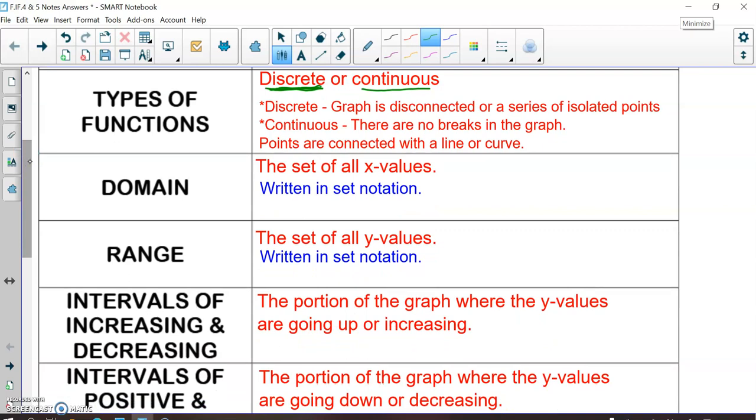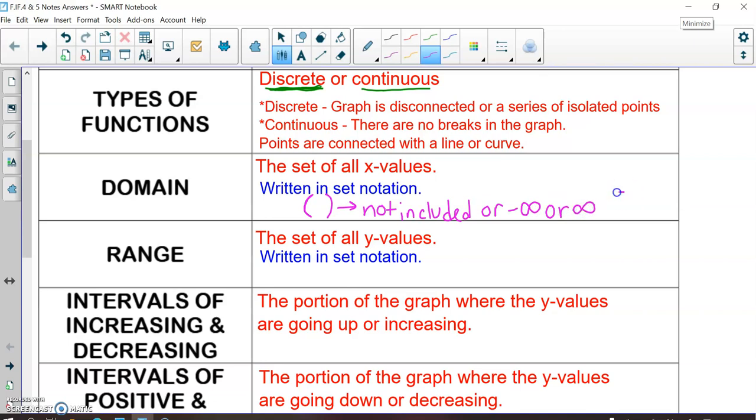So now we have talked about domain and range. Domain is the set of all your x values, and range is the set of all your y values that are involved in your function. Now we write domain and range in set notation. Remember that if we have a number that's not included in our domain, then we use parentheses. And we also use parentheses when we use negative infinity or infinity.